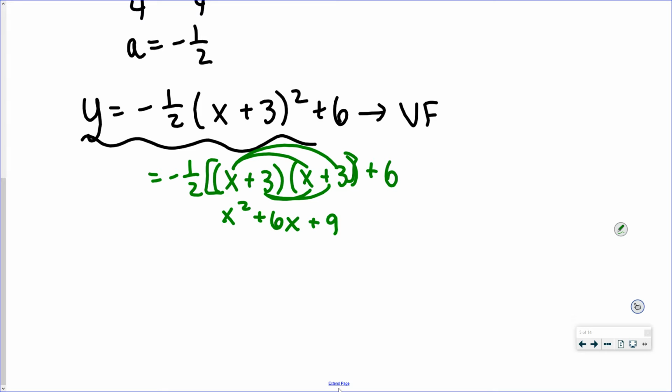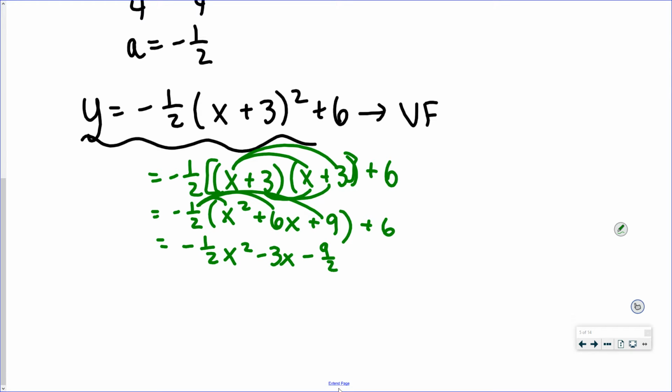That's how that would multiply out. Then I just have to distribute the negative 1/2. So I get negative 1/2 x squared. Half of 6 is 3, so I become negative 3x. Half of 9, negative 9/2.